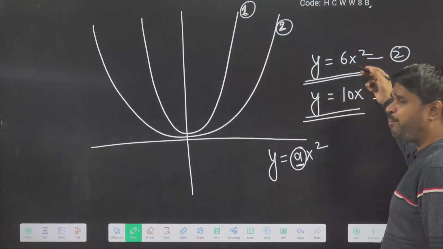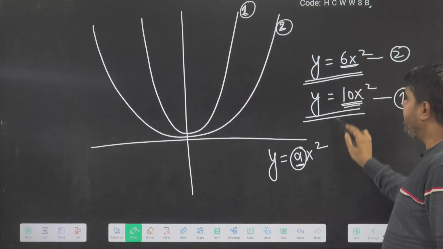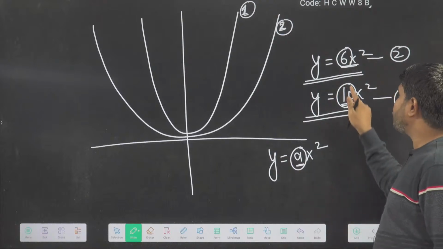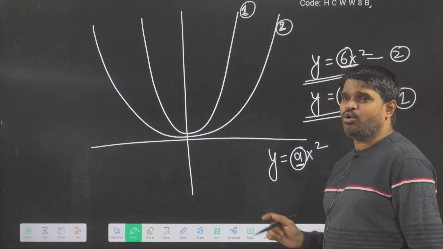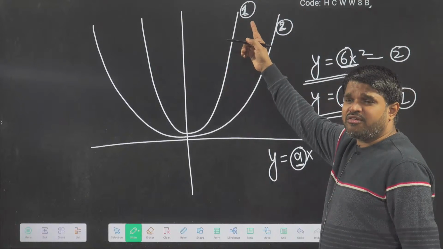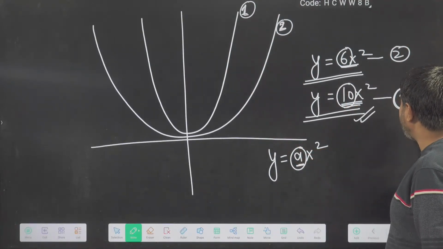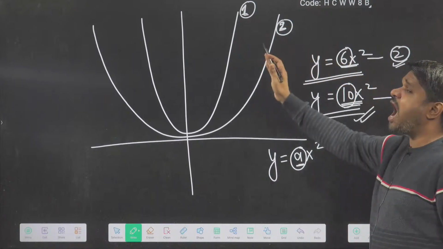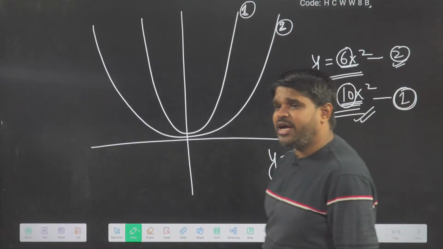If I compare 6x square and 10x square, 10 is bigger than 6, so y equals 10x square will be more inside. Parabola number 1 is inside, so y equals 10x square is parabola number 1. So 6x square will be outside in comparison to 10x squared. Now Mahesh, is it clear?